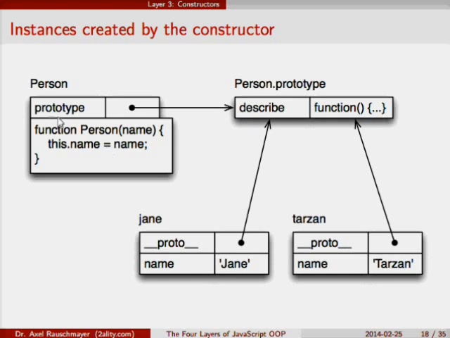And all the instances that the constructor person creates, if you invoke it via the new operator, look like this down here. And they only have the name property, which has been assigned in the constructor function. And the remaining properties are up in the prototype.